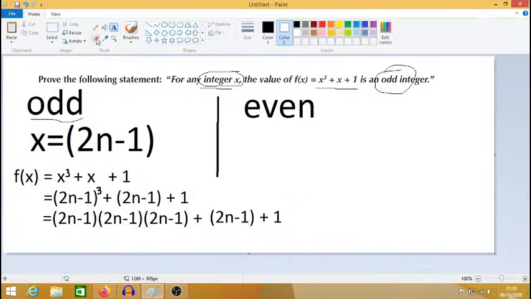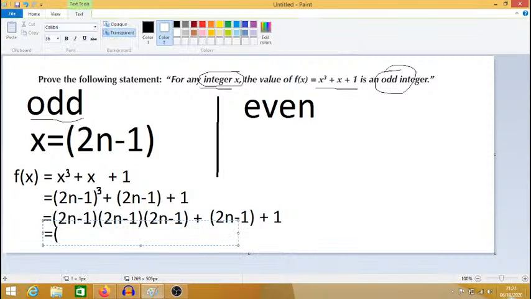Okay, and then you would multiply this out. You can just do the first 2 brackets, and that will hopefully be just a revision of your GCSE.